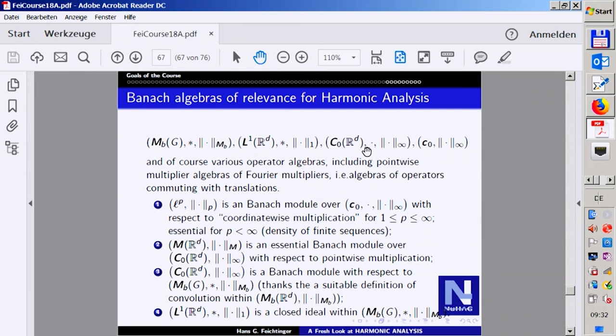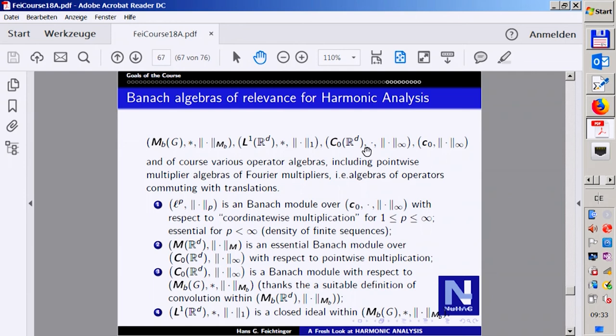Then the question of whether it is essential or not is more interesting, because if somebody tells you you have an abstract module over the bounded measures through convolution, I have to say, maybe later on we will see bounded measures convolved with LP goes into LP. And that's really a Banach module, and there's no problem. Is it essential?